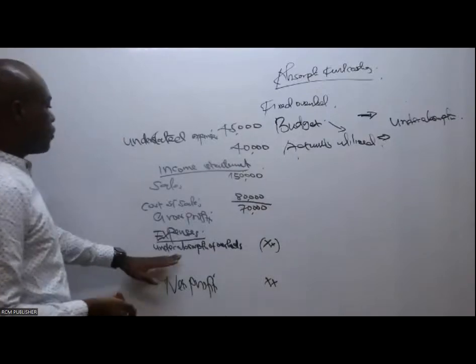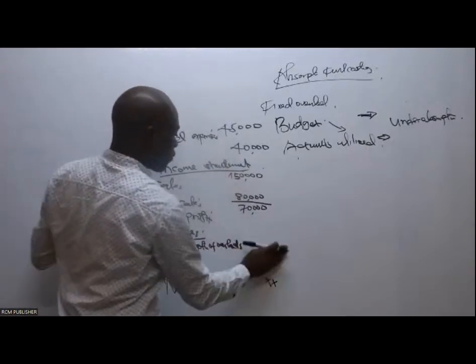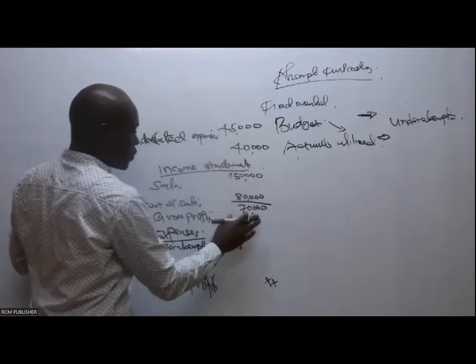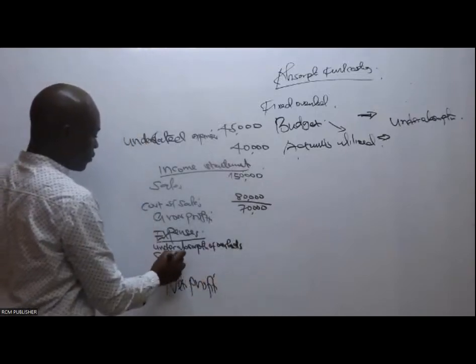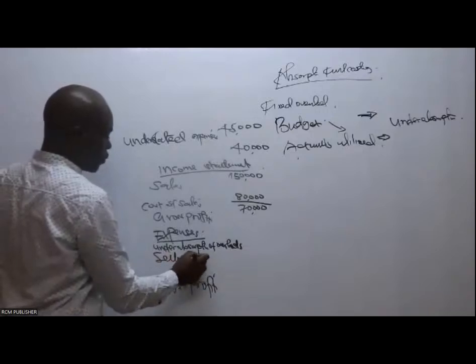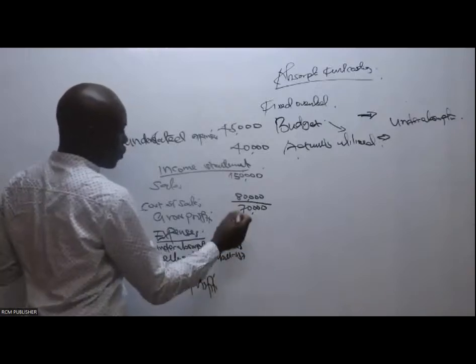And then the under absorption of overhead, which was 5,000, is not mentioned anywhere. I'm going to have maybe selling and distribution costs.